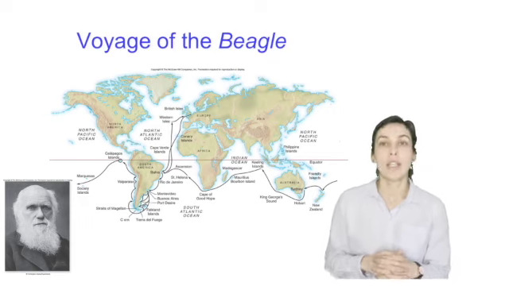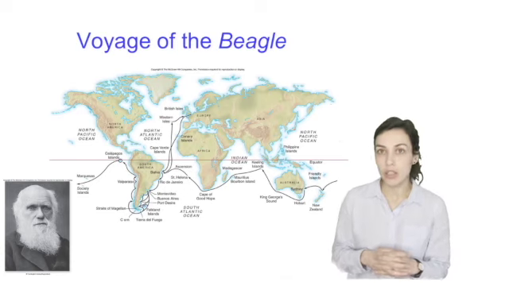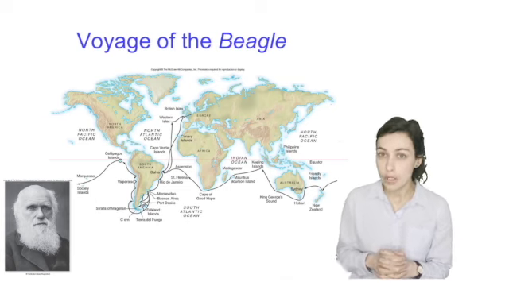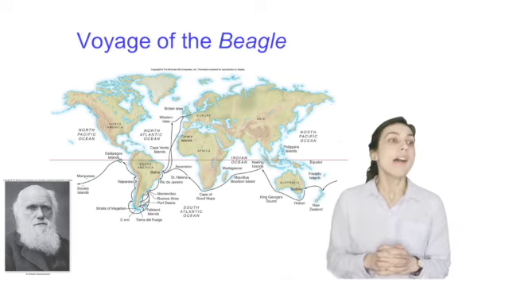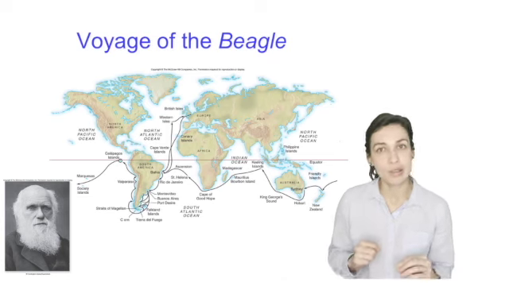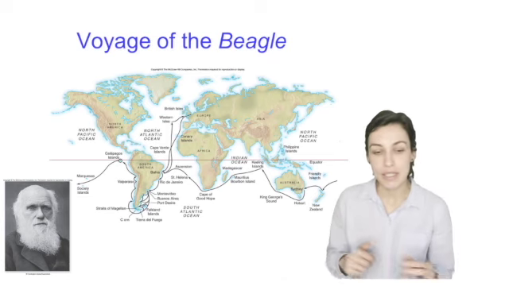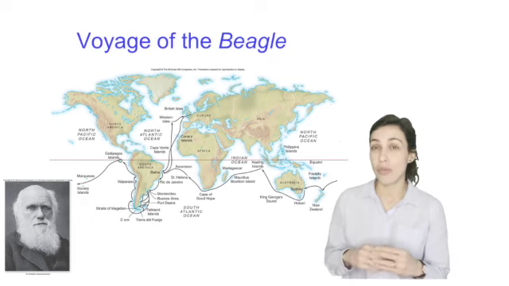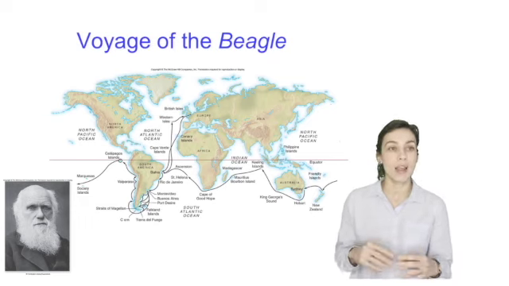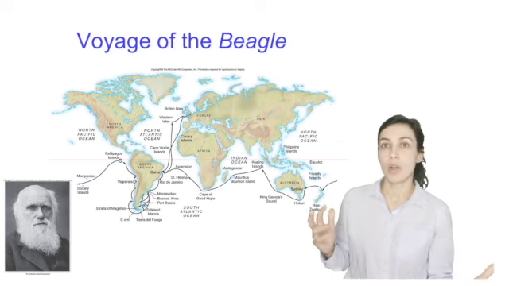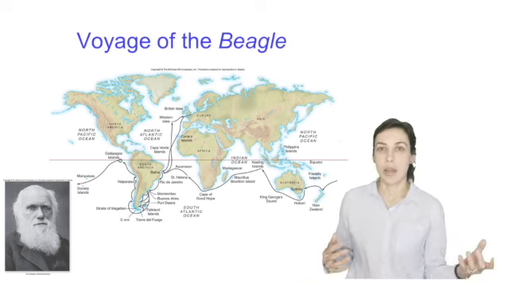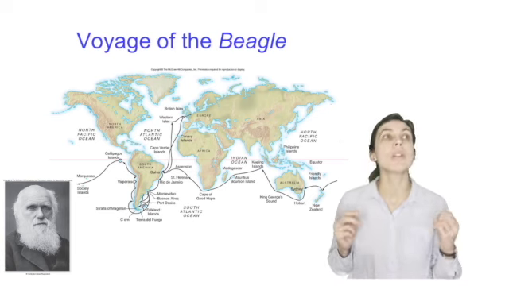The ship was called HMS Beagle, Her Majesty's Ship Beagle. It was sponsored by the Queen of England to go and study the coastline of South America for all kinds of colonial and imperial purposes. The voyage ended up lasting almost 5 years, and during this time, Darwin would go ashore every place that they docked, and he would collect samples of plants and beetles.